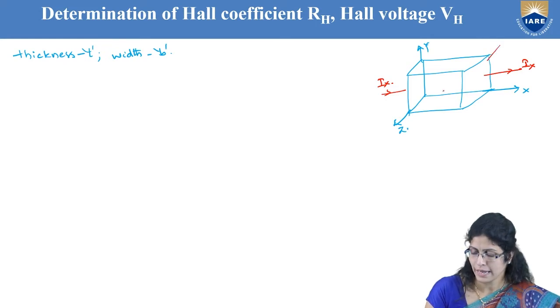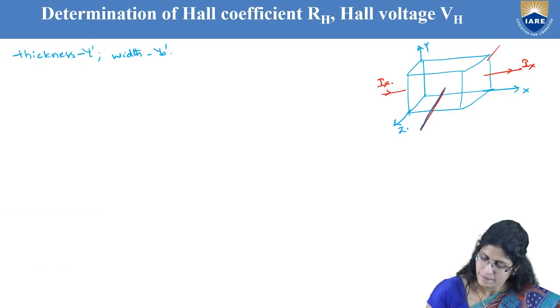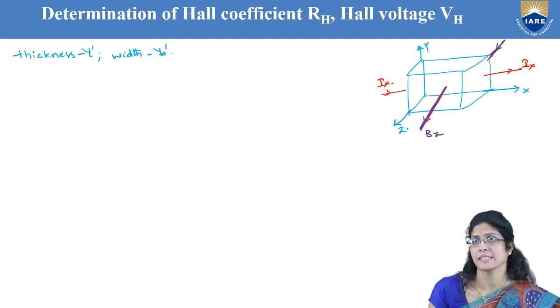So this is the magnetic field. Let me draw it with a different ink. This is the magnetic field along the Z-axis, hence let me name it BZ. Now what will happen?